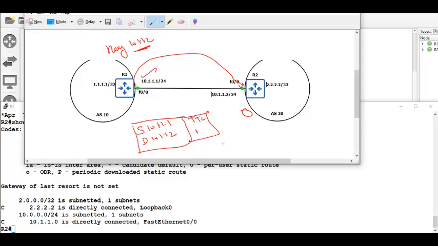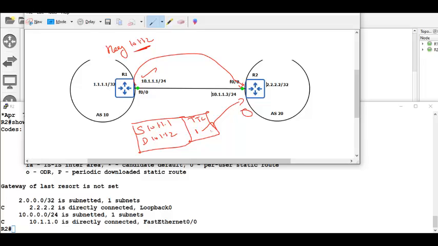When this packet goes to the first hop, the decrementation will happen. TTL, time to live, will always decrement for every hop. While sending itself, it is sent with 1. So when it reaches the immediate router, the TTL will become 0, meaning the lifetime of the packet is over. The packet doesn't have any more life.